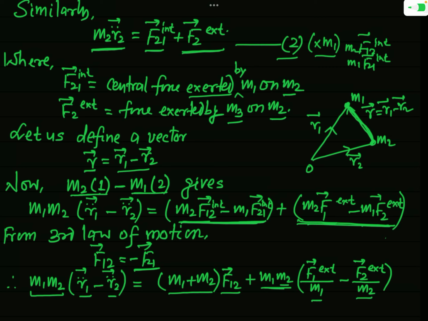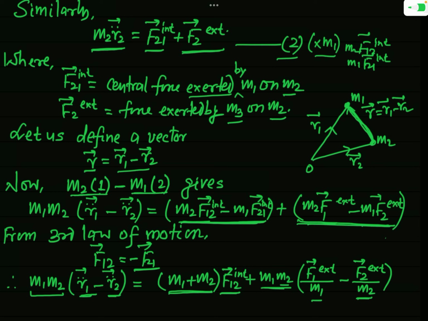So our final equation after this simplification will be m1 m2 times r1 double dot minus r2 double dot equal to m1 plus m2 times f12 internal plus m1 m2 times f1 external over m1 minus f2 external over m2. Okay. Now again we will do a simple algebra.